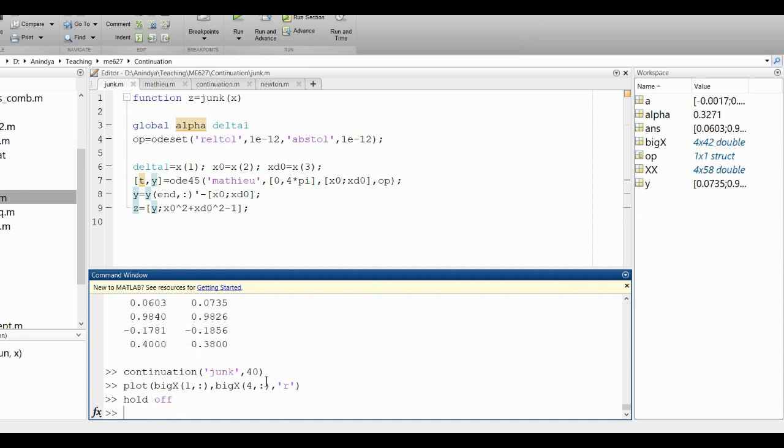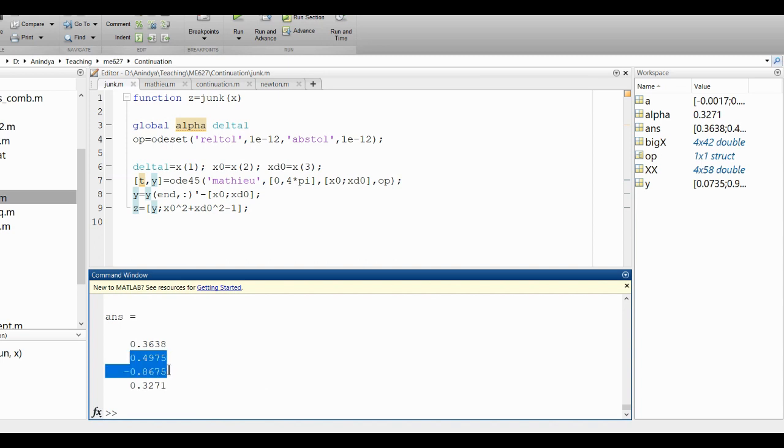Let us say big X, all rows end. Okay, good. And now let us say this is my initial condition, this is alpha, this is delta. So I'll come here, I'll say format long, and then answer, and you see this is my delta now.